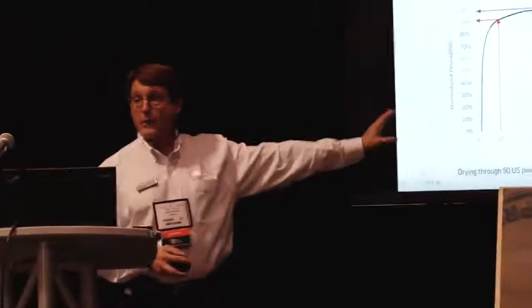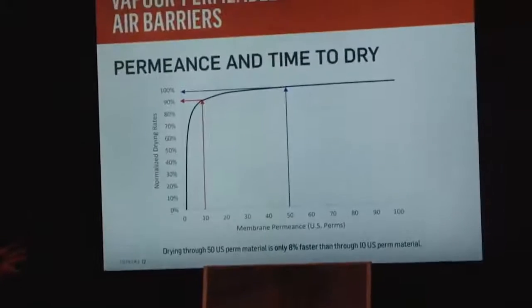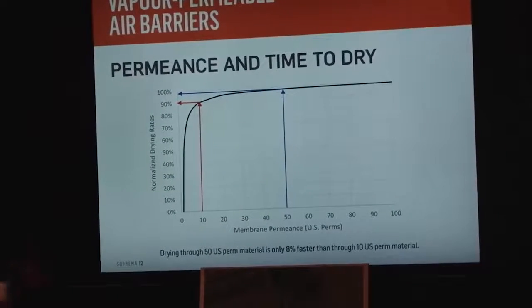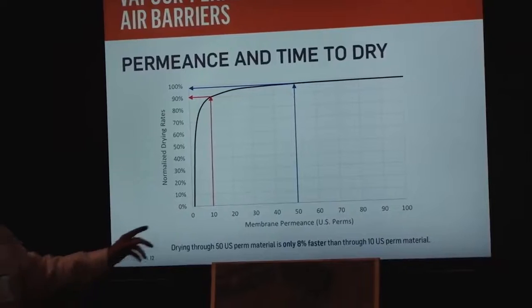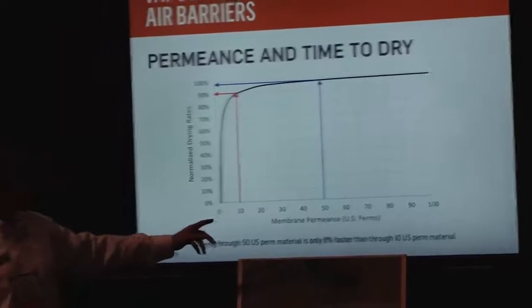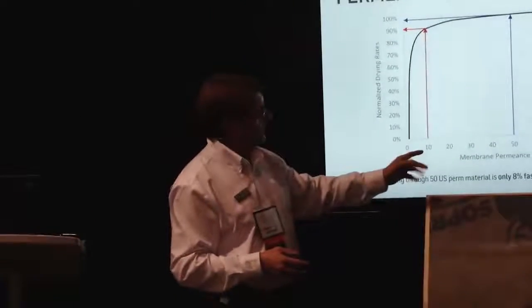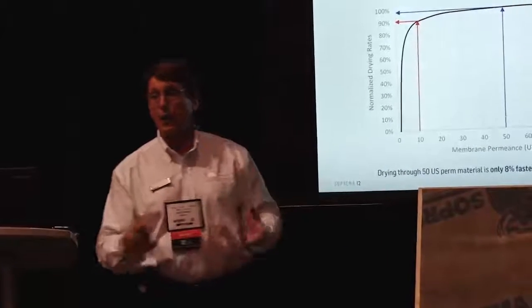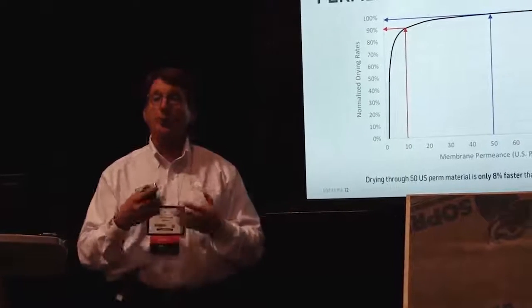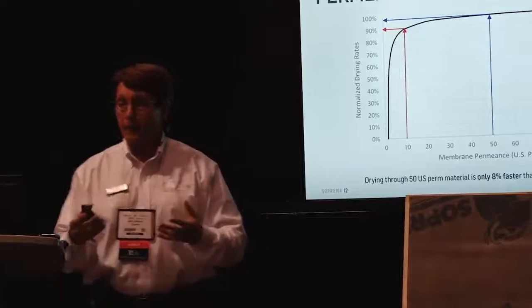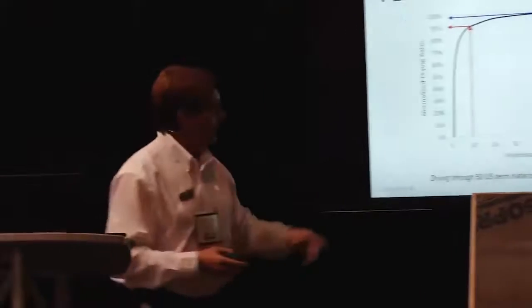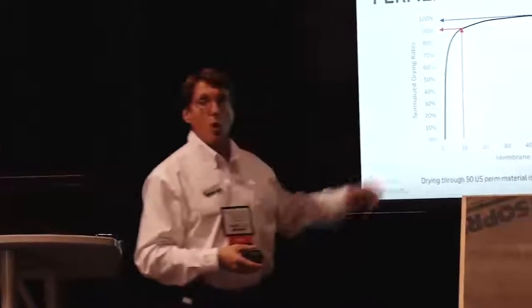This graph represents the summation of all the test criteria. And what we're seeing in reading the graph is that if we have a membrane that has a water vapor permeance of 10 to 20 perms, you're going to see the bulk of the water escaping or equalizing. In the test, it was referred to as normalized.